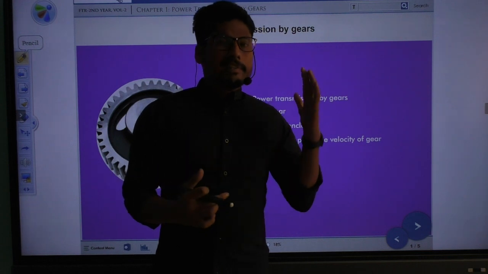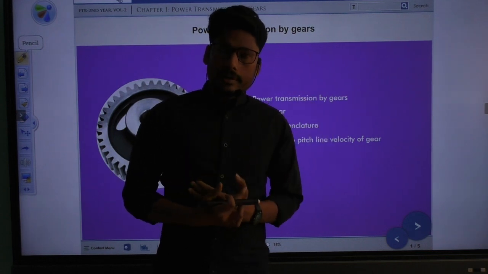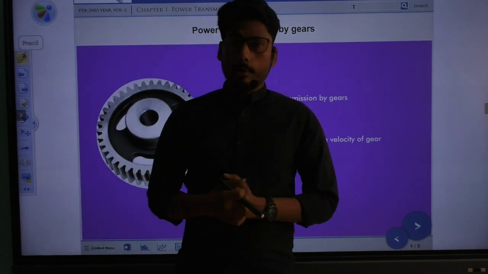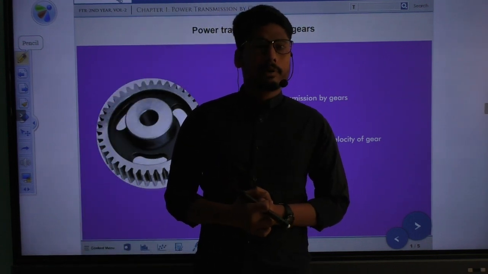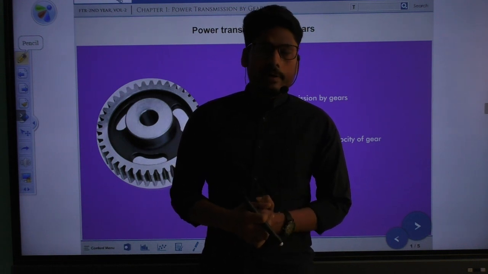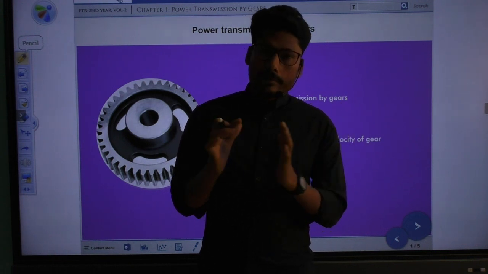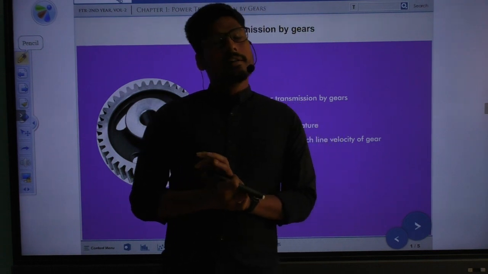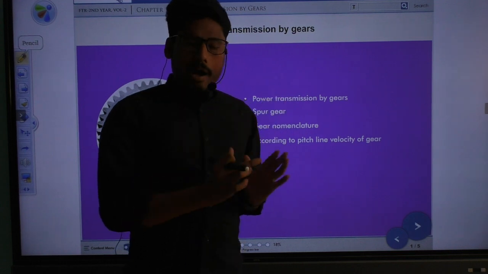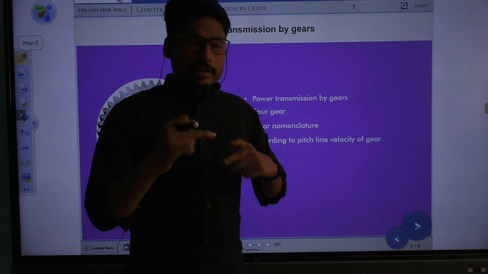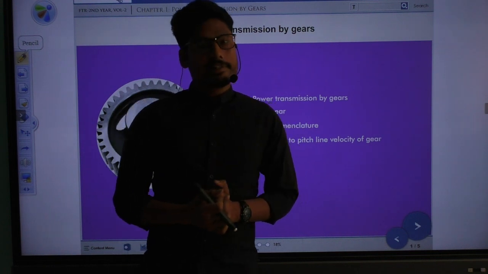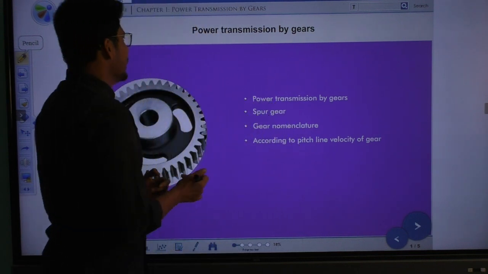After the completion of this topic, the students will be able to identify which type of gear is suitable for which machine, identify the types of gear, and learn the power that can be transferred by using these gear trains. So let's discuss these gears.